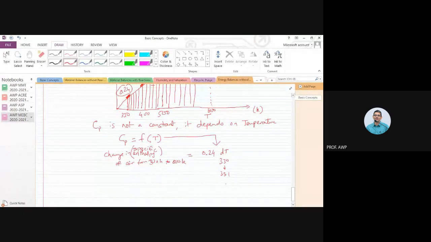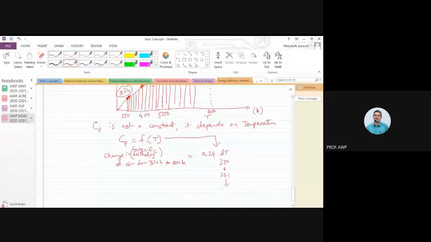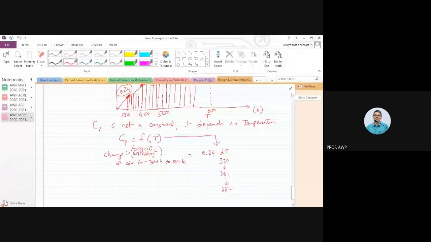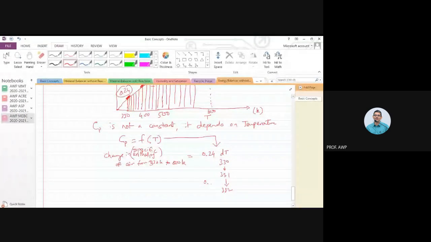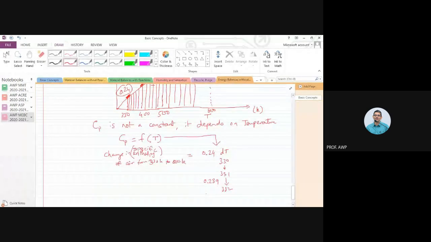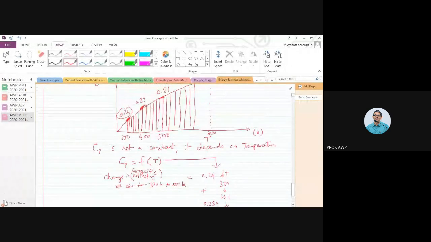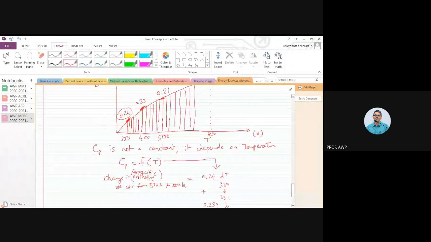Then I will take an interval from 331 to 332, and I will say over this interval Cp is, let's say, 0.239. So if I have to go from 330 to 800, I will have to add up all such intervals from 330 to 331, 331 to 332, 332 to 333, and so on.